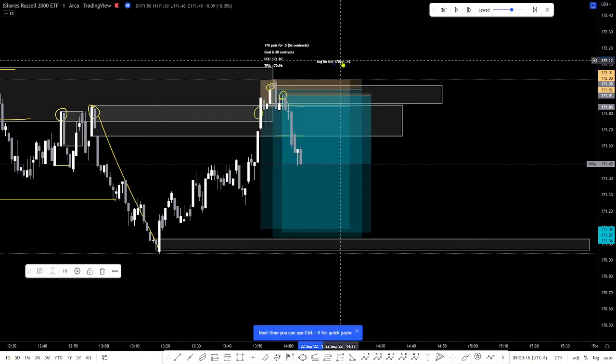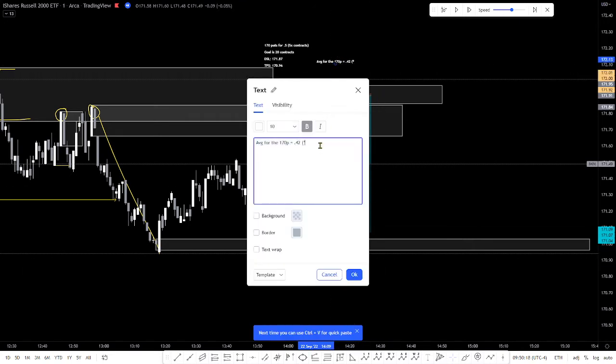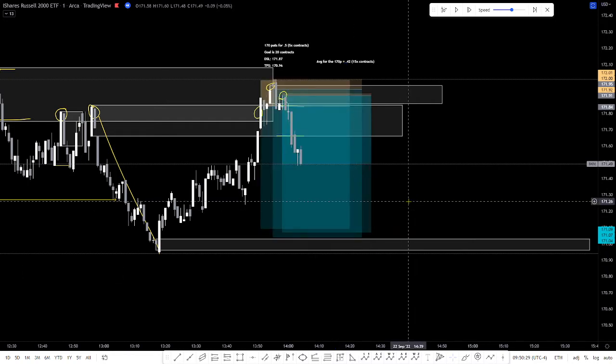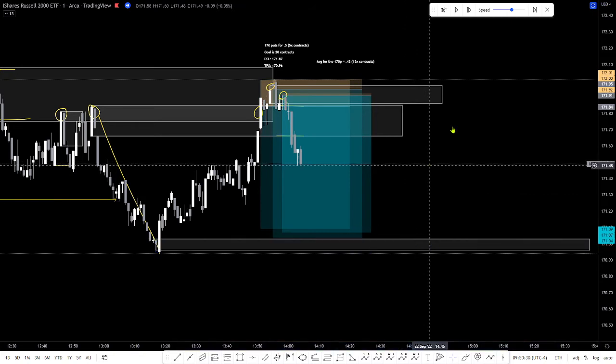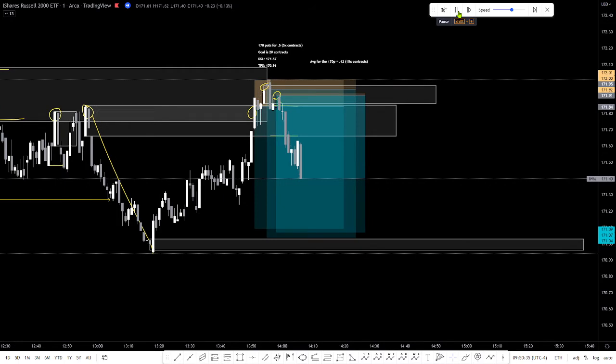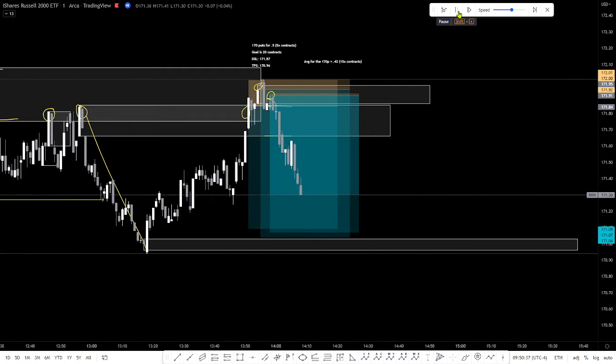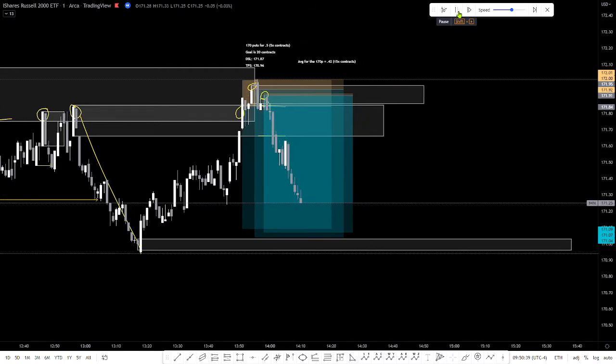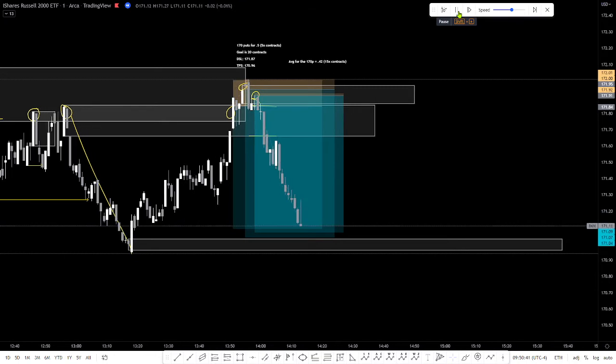But now I have, what did I say, 15 contracts. And I'm still targeting this order block, right? So keep playing it. And let's see if we create a new low if we rip right through this order block.